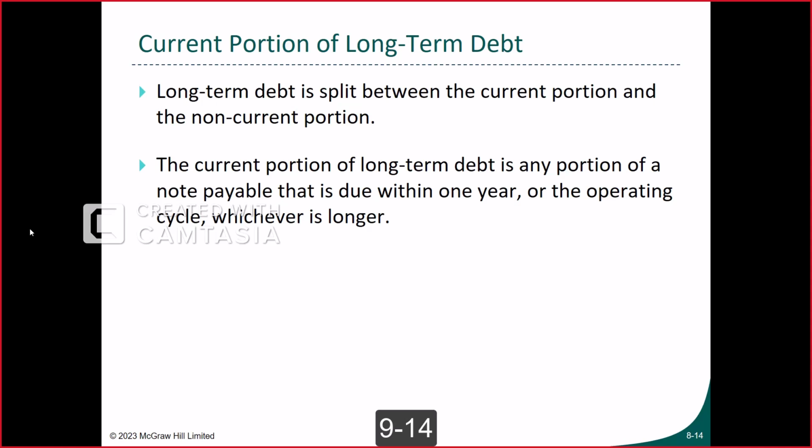We need the user of the financial statements to be aware of any payment which is required within 1 year, even if it is related to a long-term debt. Am I clear here? Any question?